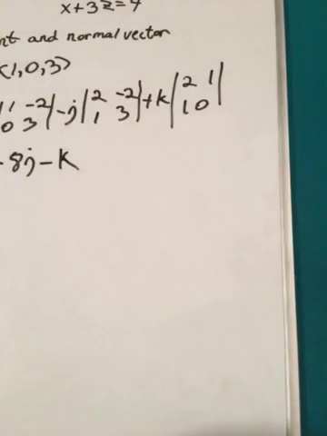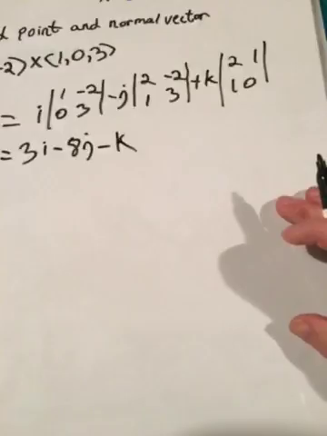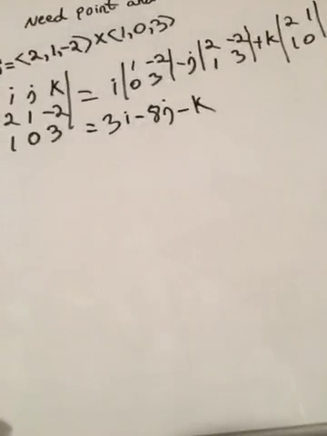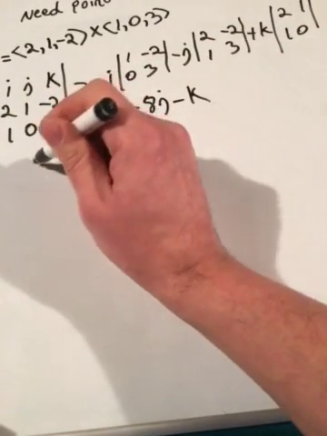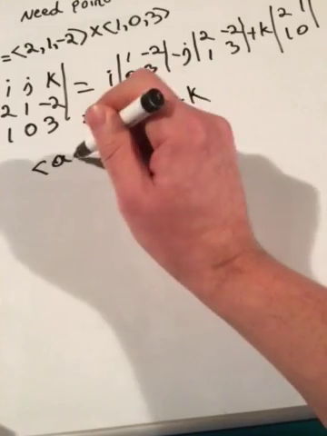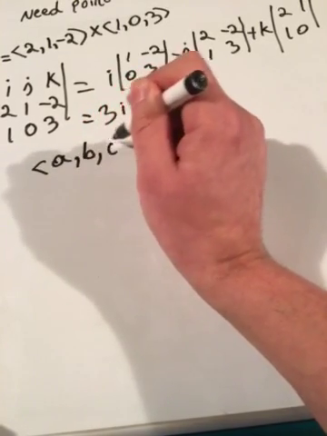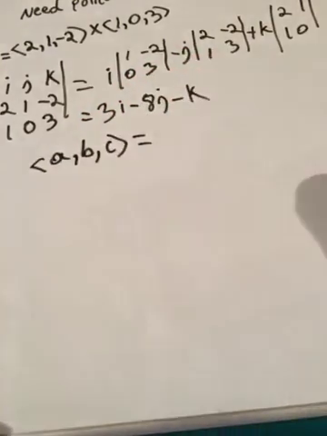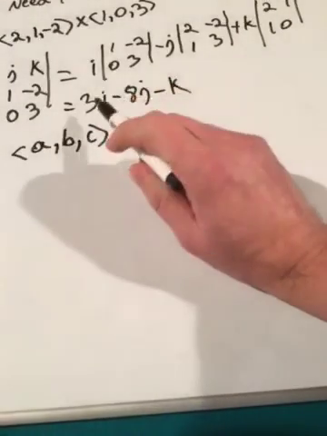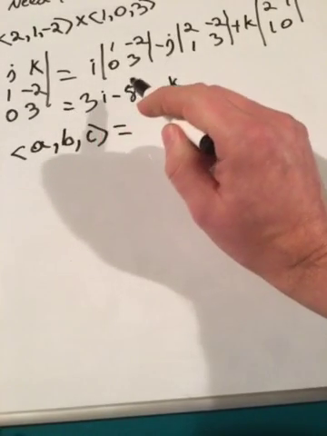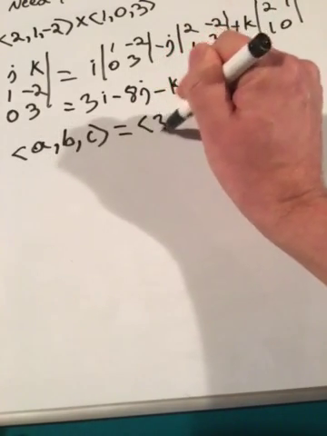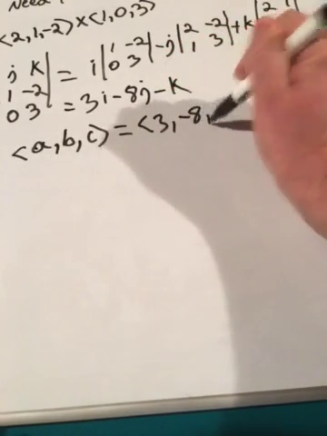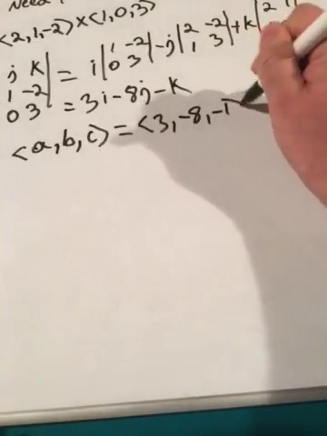So here, the vector we need, we call it vector ABC, just equals the coefficients on our i, j, and k. So 3, negative 8, negative 1.